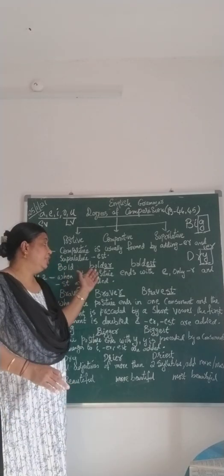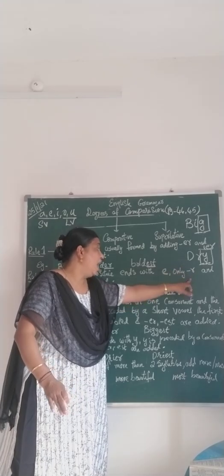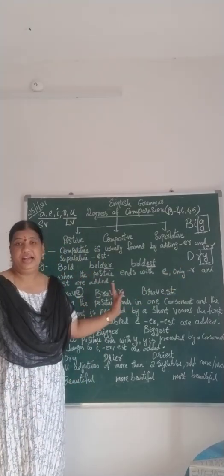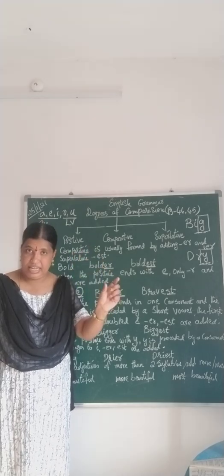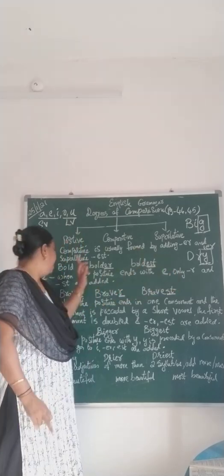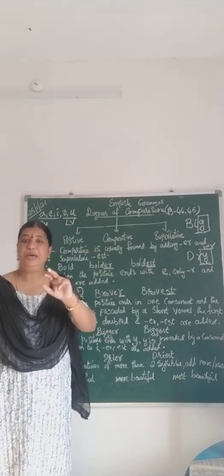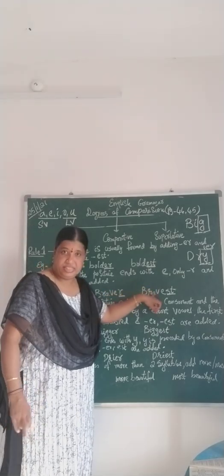Rule 2. When the positive is ending with E, only R and ST are added. So, R is added for the comparative and ST for the superlative degree. Brave, braver, bravest.